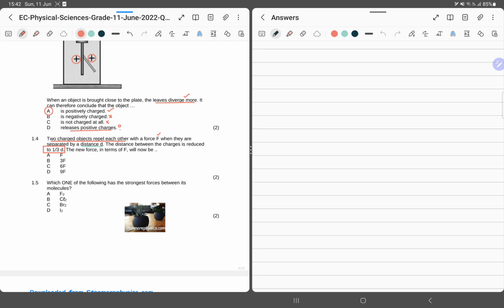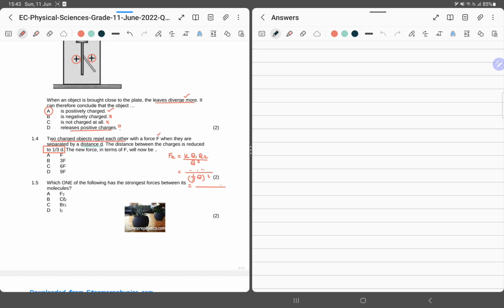So we're still dealing with Coulomb's law, where the electrostatic force equals a constant K multiplied by Q1 multiplied by Q2 over r squared. Now we can see that we're manipulating the denominator here. We're putting 1/3 of d, and then we're squaring that. Perhaps we want to use d here so that we can see what we're doing. We still have our numerator there.